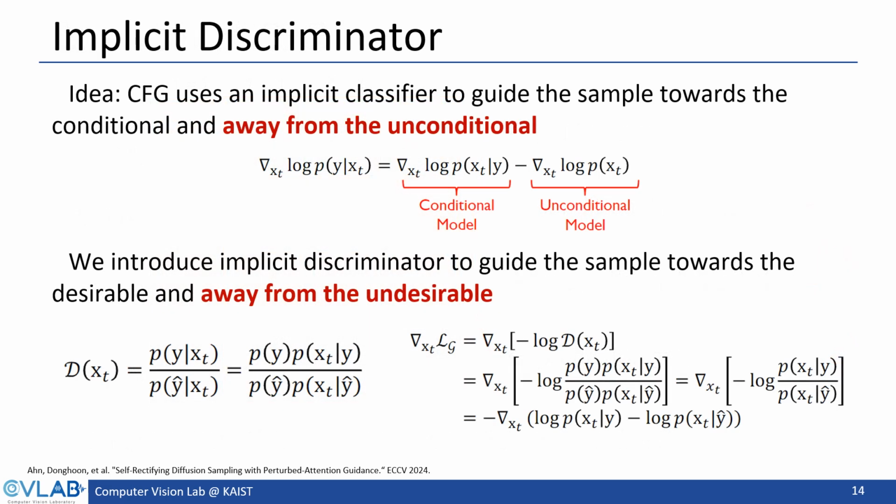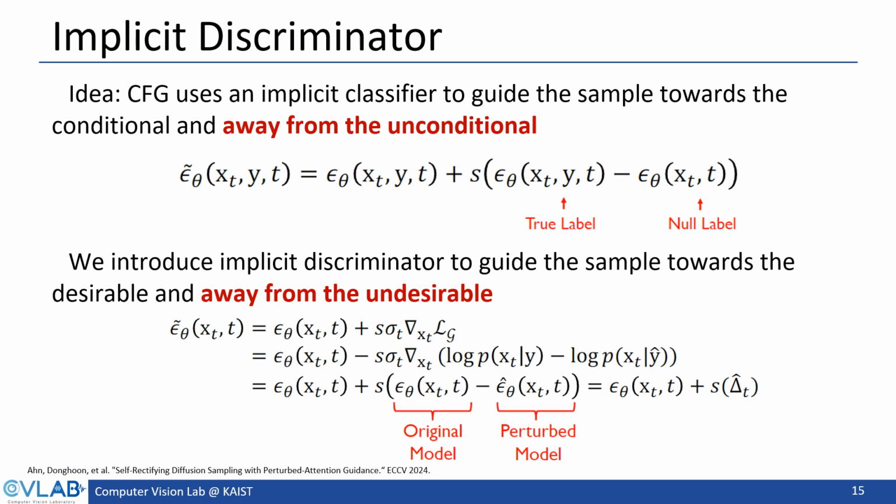Our idea is that since CFG introduces the gradient of an implicit classifier to move the sample away from unconditional sampling and closer to conditional sampling, we also introduce an implicit discriminator that distinguishes between desirable and undesirable samples. This way, the sample is guided away from undesirable samples and towards more desirable ones.